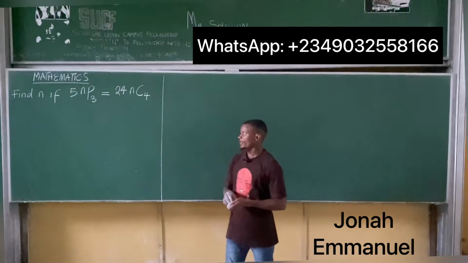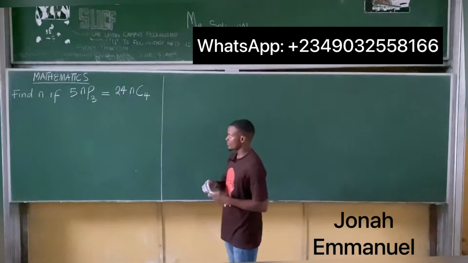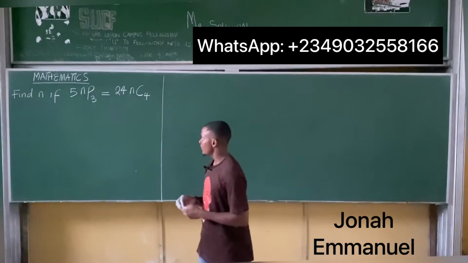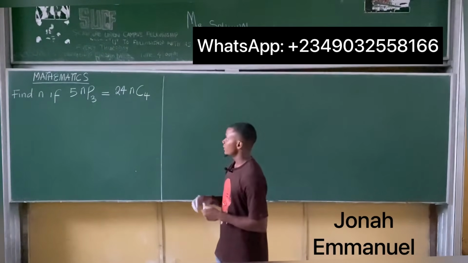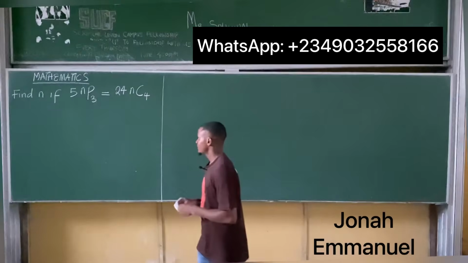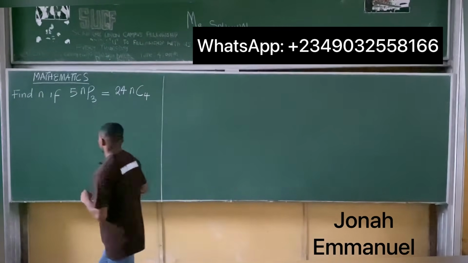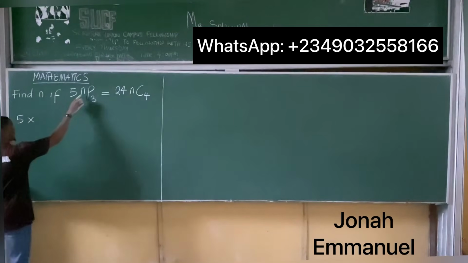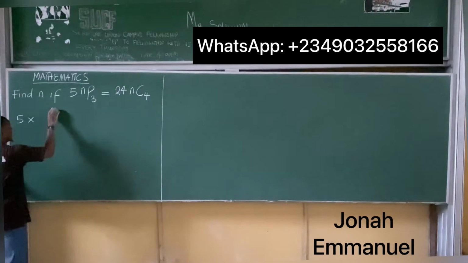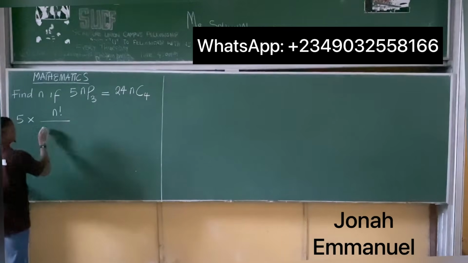All right, let's try a final example on this. So this question says, find n if 5 times n permutation 3 is equal to 24 times n combination 4. Find n. Okay, so for this one here, this is 5 times this one. For permutation, I have n factorial all over n minus 3 factorial.